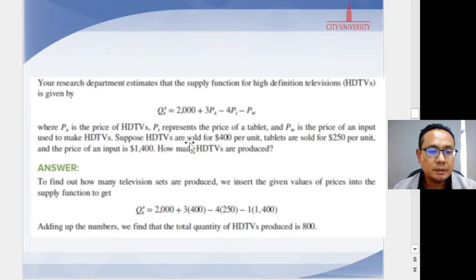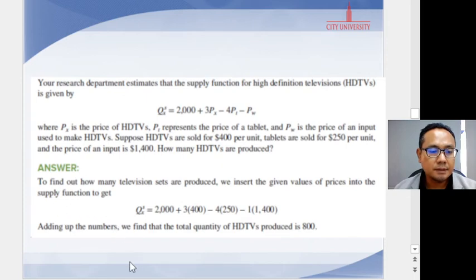All right, so to find out how many television sets are produced, we insert the given values of price into the supply function.